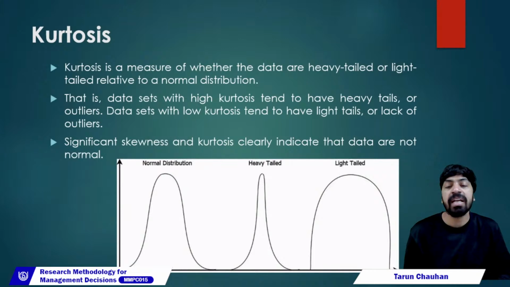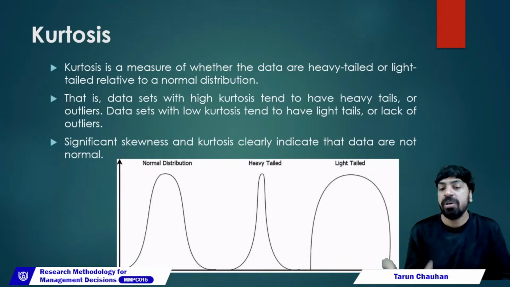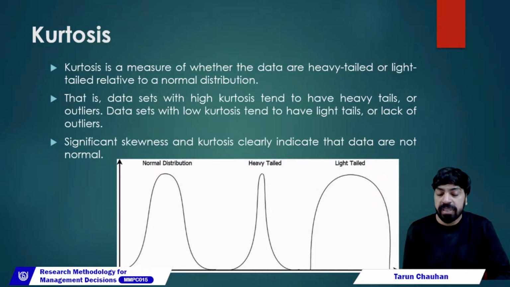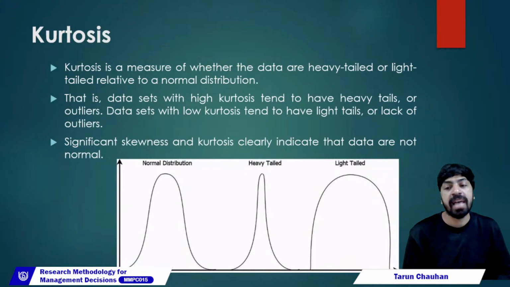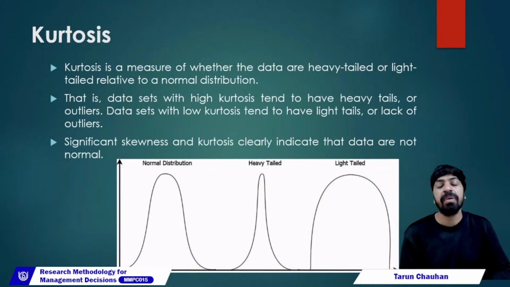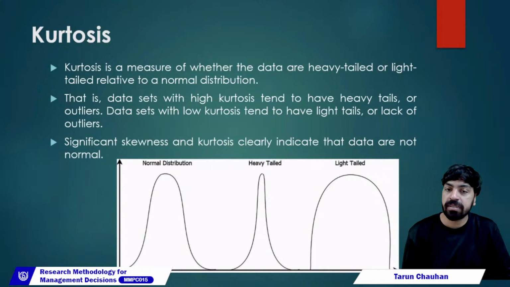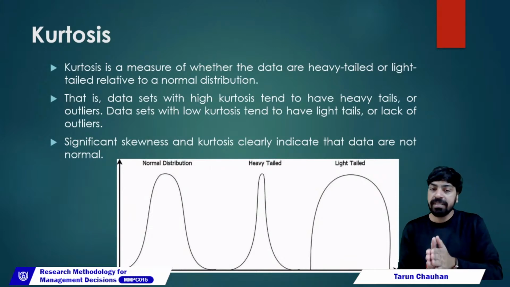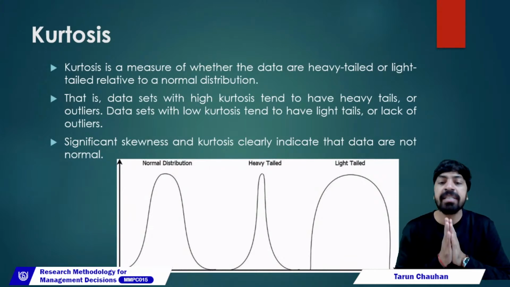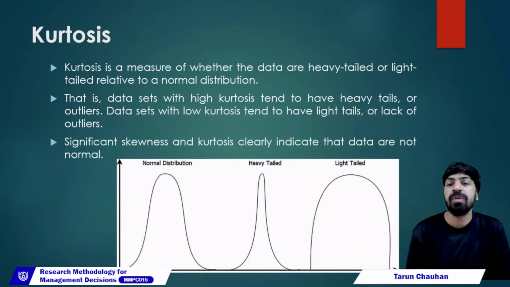Heavy tailed means high kurtosis, and light tail means low kurtosis. The wider the gap inside the shape, the lower the kurtosis. The smaller the gap in the shape, the higher the kurtosis.